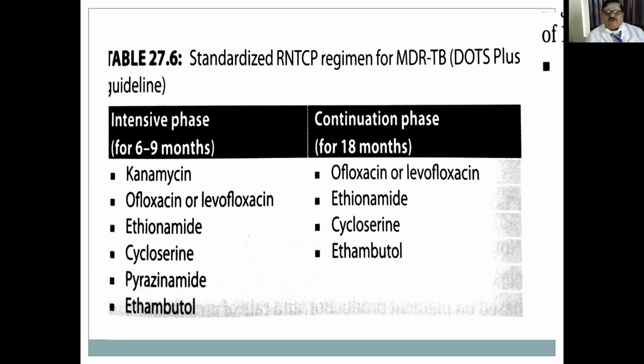We have seen how to grow it in Lowenstein-Jensen medium, a flow chart, how to confirm it as Mycobacterium tuberculosis or Mycobacterium bovis, the Mantoux test, how to do it, measure it and interpret it, and also vaccination, that is prophylaxis.